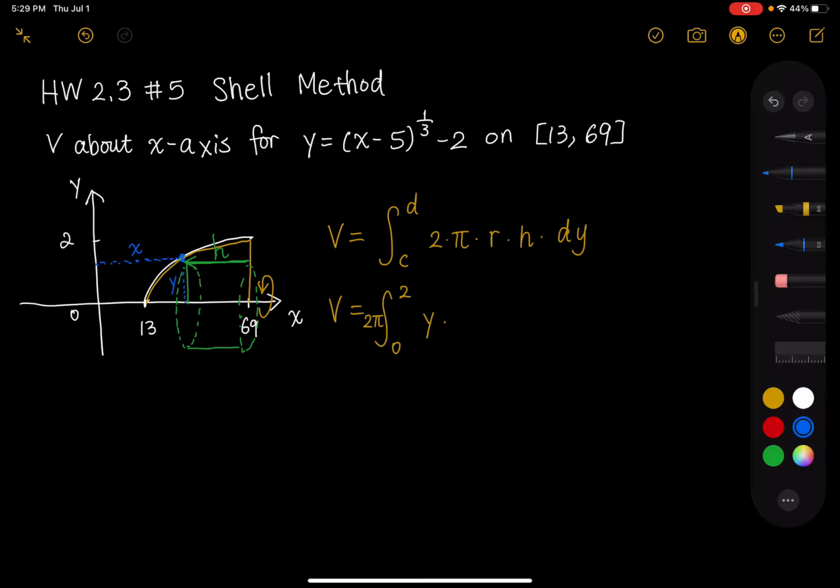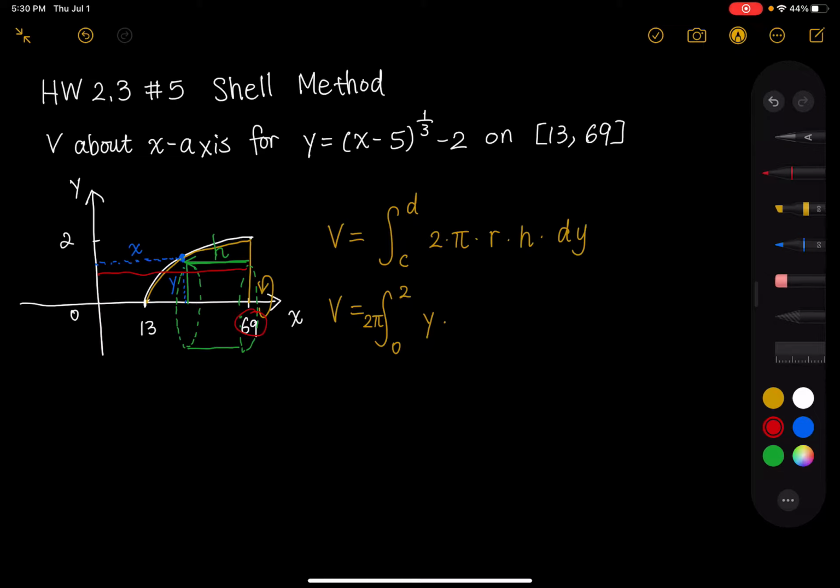That is length x. But if you're moving this entire line up and down, they all add up to 69, okay? So the blue piece plus the green piece will add up to 69.